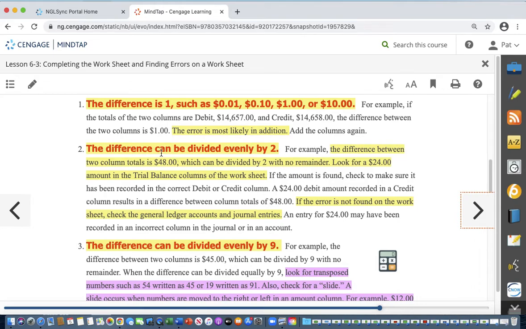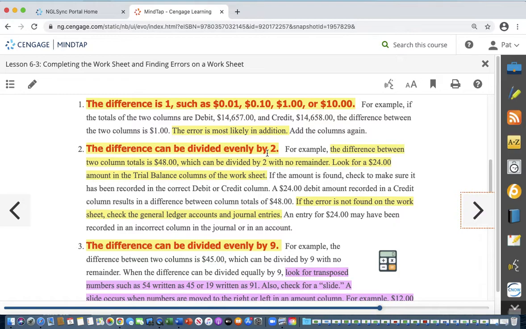Another thing they say is if it's divided by 2, this one is always something we'll use. Back when we were doing everything in pen and paper, people would ask all the time because you had to type stuff down, there's more errors. And they would say, I'm off $50. So what would I look for? I'd look for something that was omitted, a $50 item, but I'd also look for things divisible by 2.